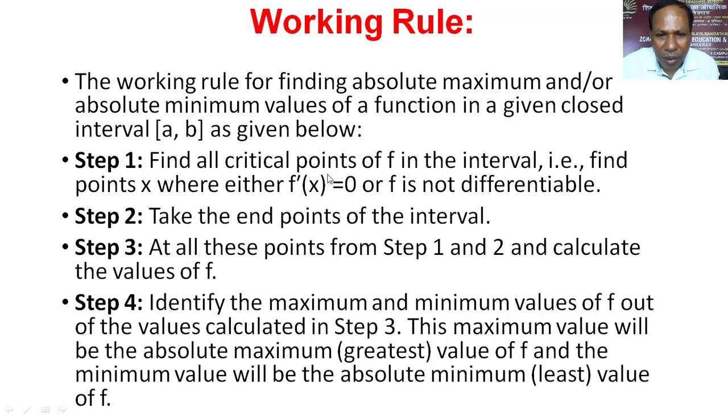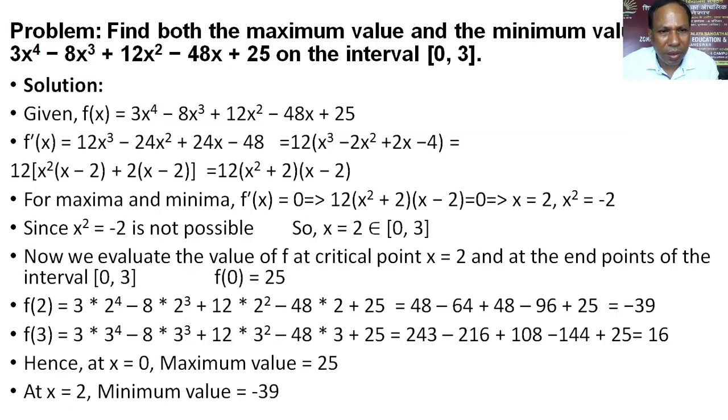Then we find the functional value of f at a, at b, and also at the critical points x1, x2, x3, and identify for which value of x f is attaining the maximum value and for which value it is attaining the minimum value, and accordingly we say that the absolute maximum and absolute minimum value.